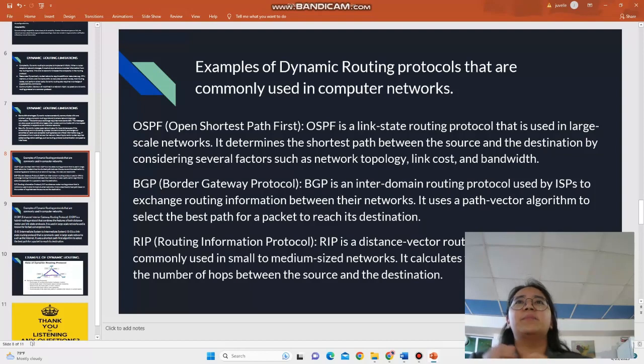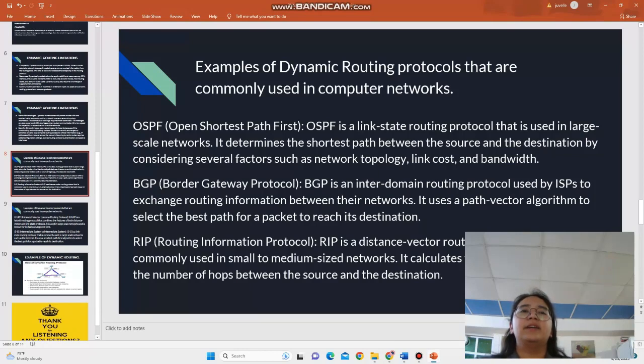The next example is BGP, Border Gateway Protocol. BGP is an inter-domain routing protocol used by ISPs to exchange routing information between their networks. It uses a path vector algorithm to select the best path for a packet to reach its destination.